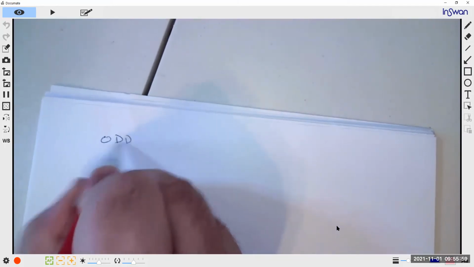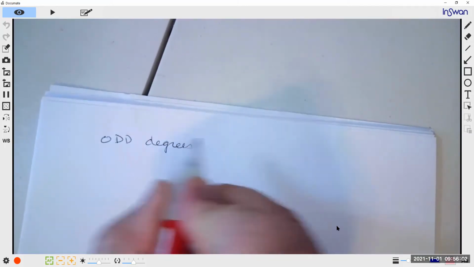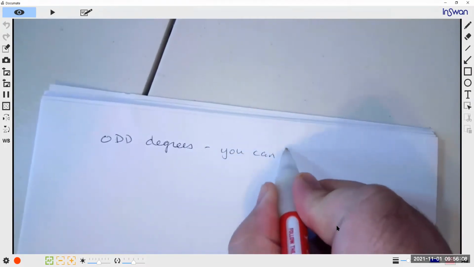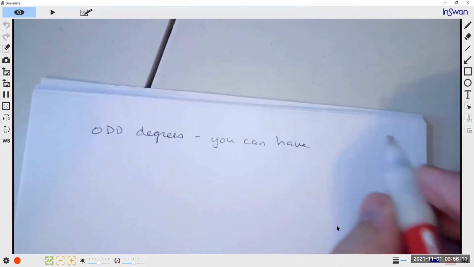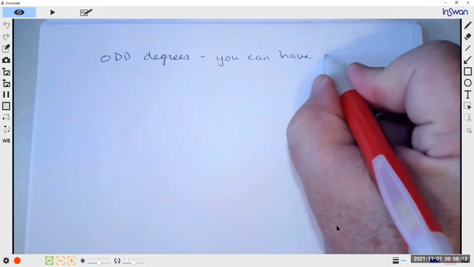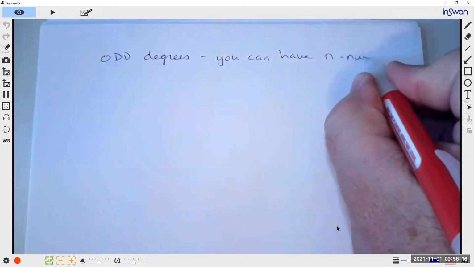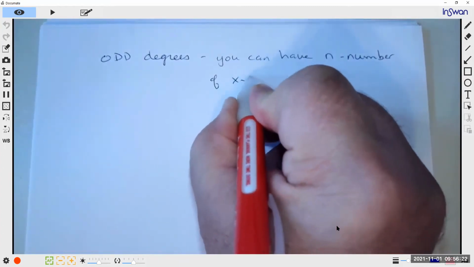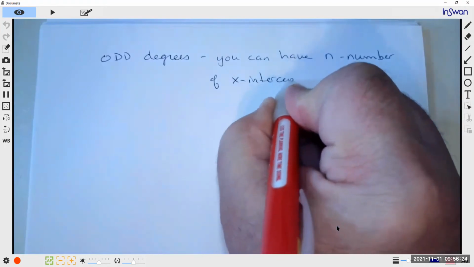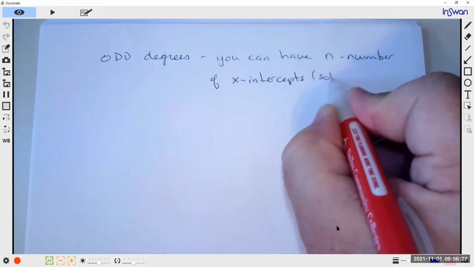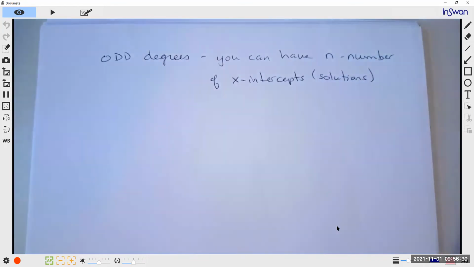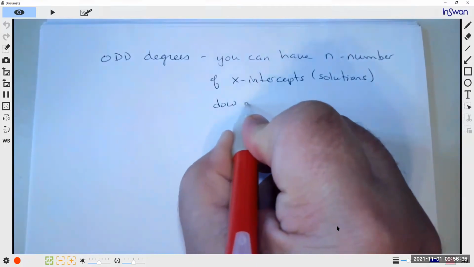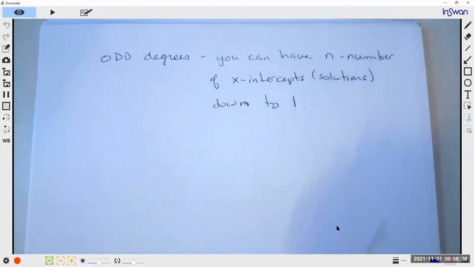For odd degrees, you can have n number of x-intercepts, solutions, down to 1.